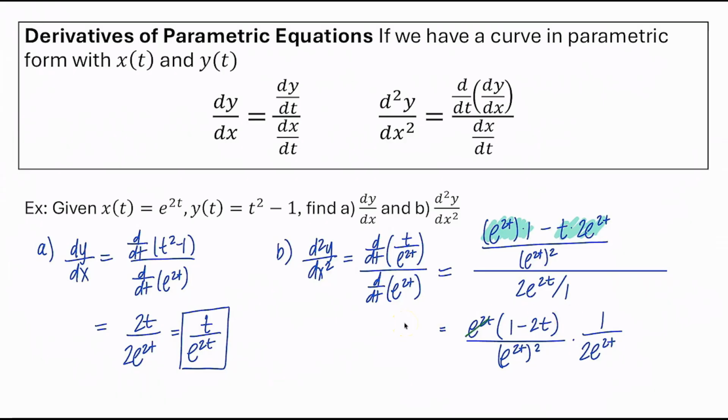So we can say the e to the 2t are going to cancel out there. And what I have is 1 minus 2t over 2e to the 4t. So here I multiplied the 2 and the 2t. And so this would be my simplified second derivative.